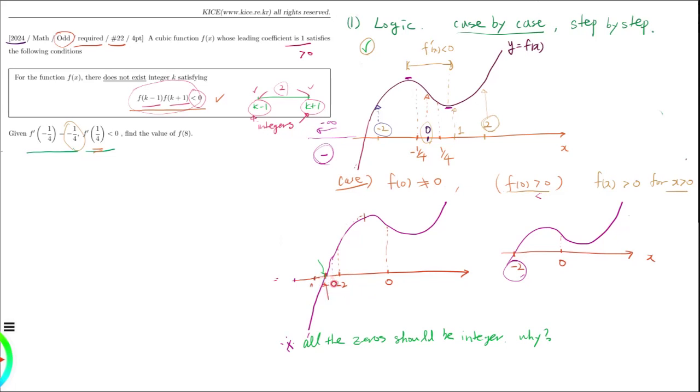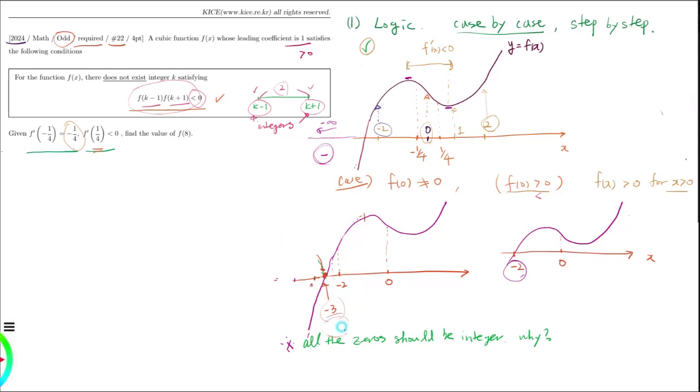Let's say this is negative 3. You can do the same thing for negative 4. You can choose any integer value which is less than negative 2 here.